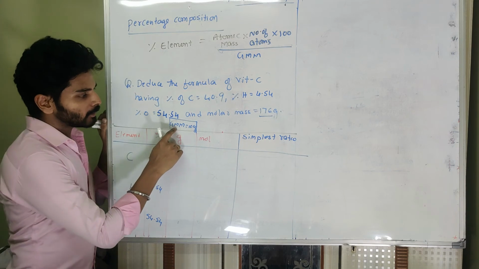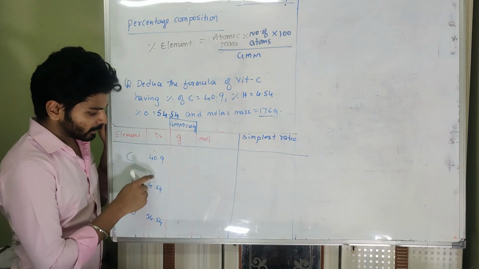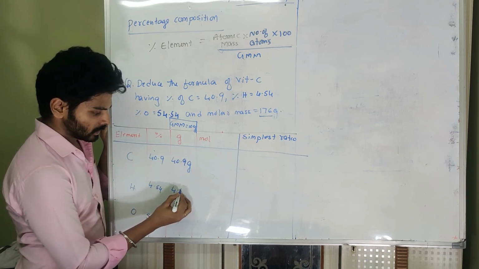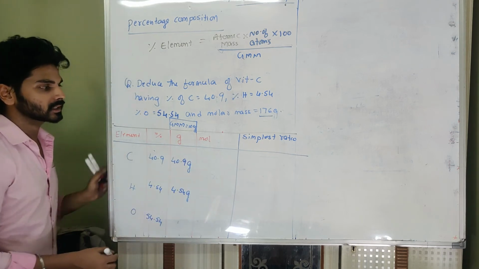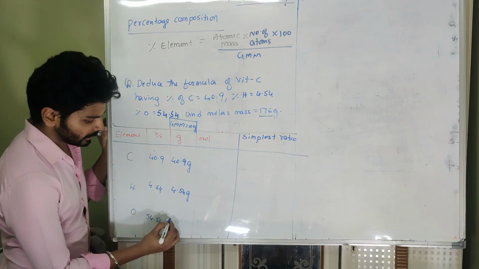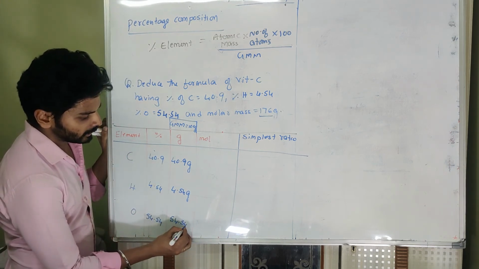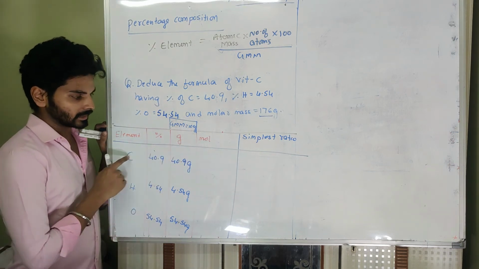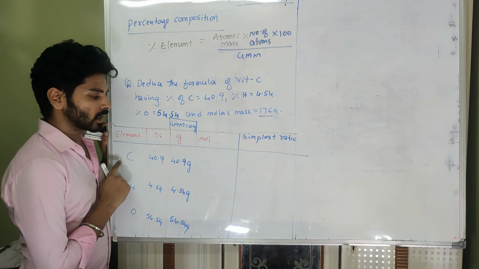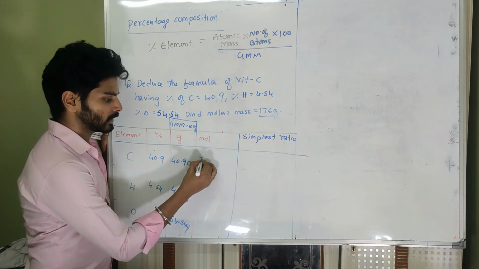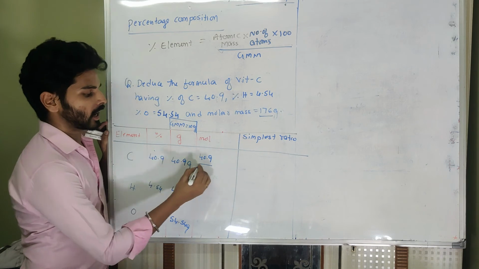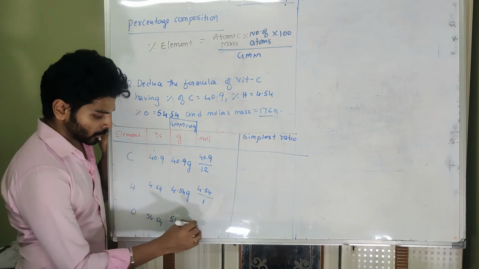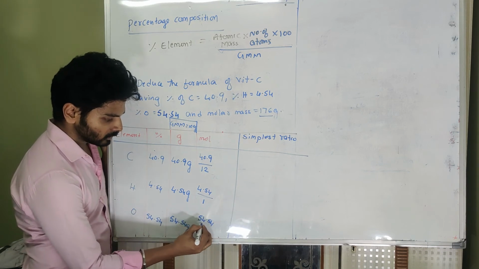If I assume 100 gram, then whatever percentage is given will straight away become that many grams, because the total mass as well as the total percentage is 100. Once we know the grams, we can easily convert into mole, that is given mass upon gram molecular mass or gram atomic mass. So 40.9 upon 12 for carbon, 4.54 upon 1 for hydrogen, and 54.54 upon 16 for oxygen.